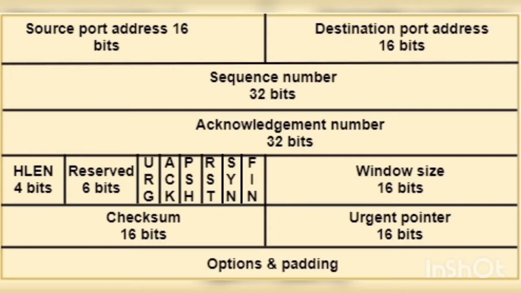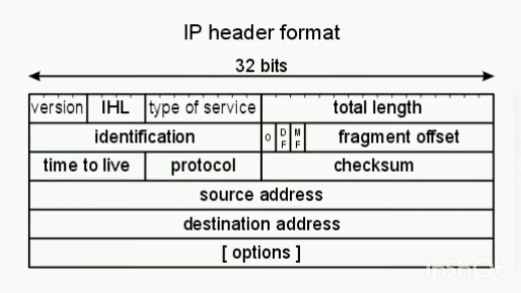This is a segment header that is in the transport layer, which is layer 4 in OSI, and here we can identify and filter the ports and sequence numbers as well. Next comes the IP packet, which comes under OSI layer 3, the network layer.